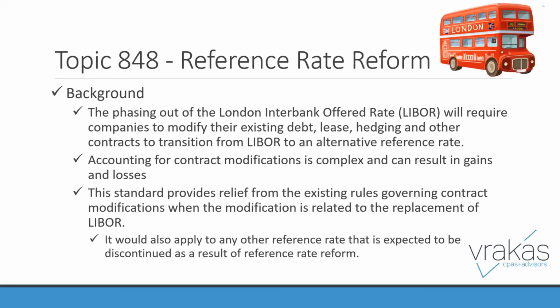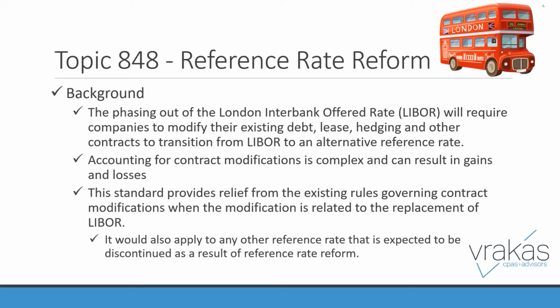Next one I wanted to talk about was Topic 848, which is called reference rate reform. So essentially, as some background, a lot of lending agreements are based on LIBOR rates, London Interbank Offered Rate. The regulators have determined that they're going to phase out the LIBOR rate. So at that point, people are going to have to restructure their debt agreements to become referenced to a new rate.